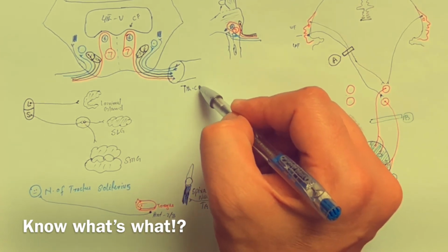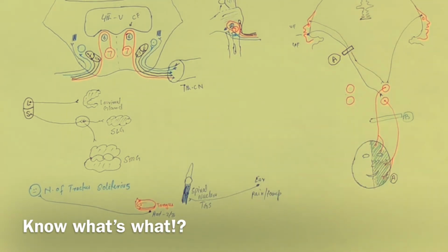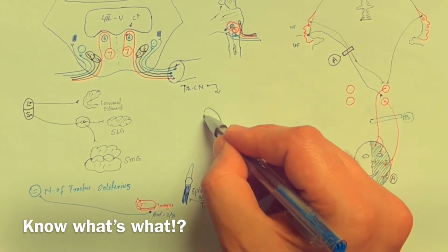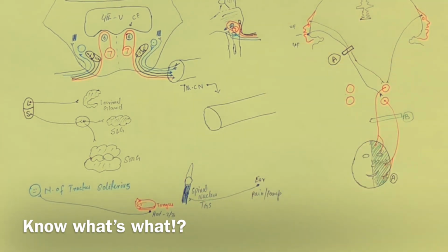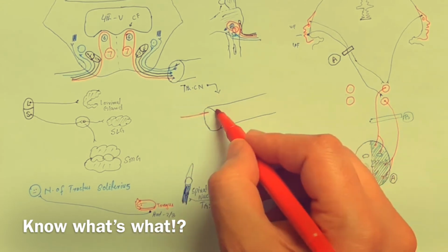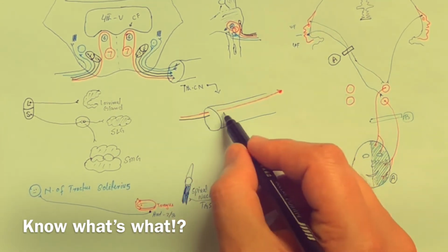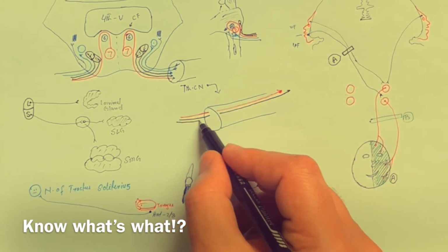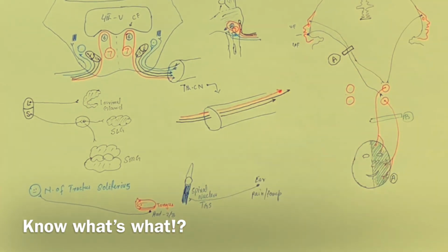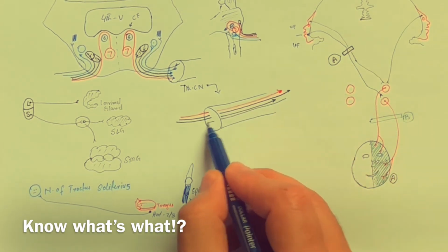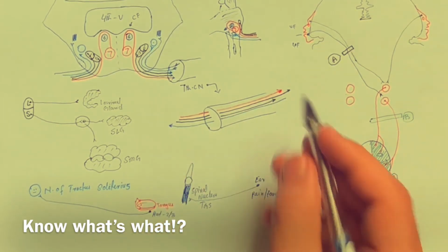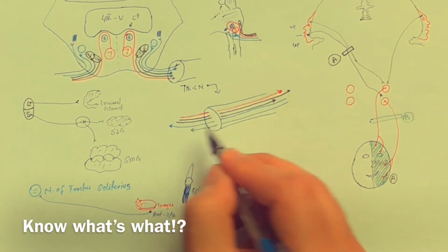The motor fibers of the facial nerve are called the facial nerve proper, and the other fibers together make the nervus intermedius. So here again, the facial nerve proper, the parasympathetic fibers, and then these are the outgoing fibers, and then the incoming fibers, which are the taste and the pain and temperature fibers.